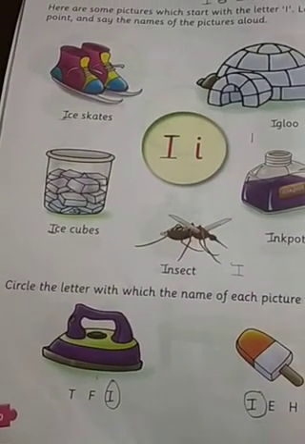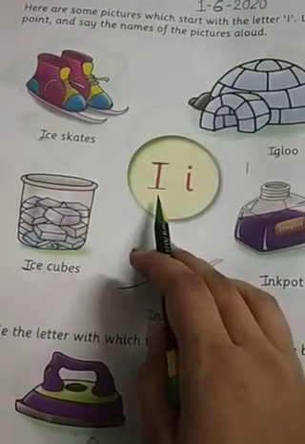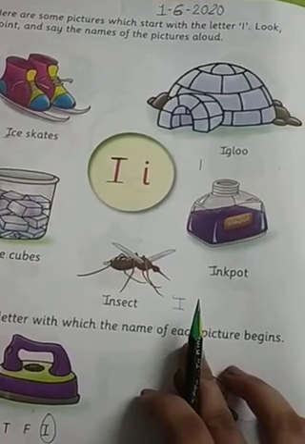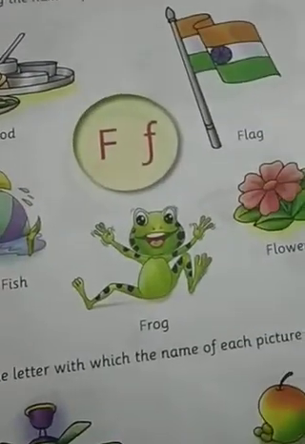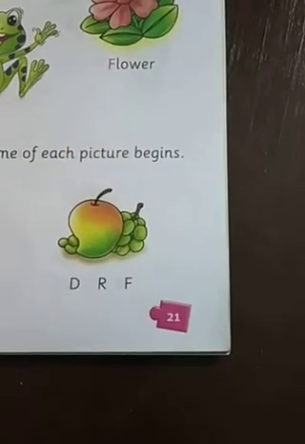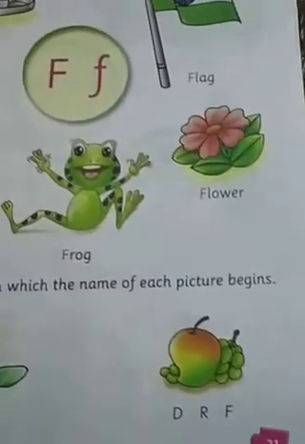So students, in the last video we discussed letter I and we also learned the pictures that start with letter I. And now in today's video we are going to learn letter F, which is on page number 21. So open your page number 21.